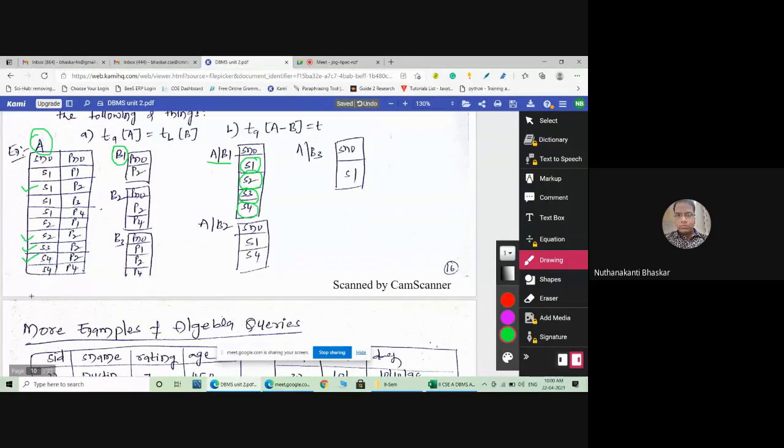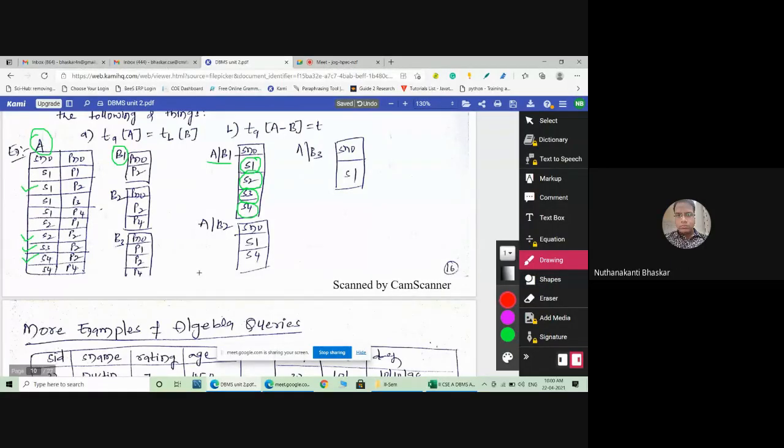S4 will come out. Now here P2 is not there. Now this is the result of A by B1. What is that? S1, S2, S3, S4, because this B1 will be divisible only by these particular tuples S1, S2, S3, S4. Understood this? Yes, sir.